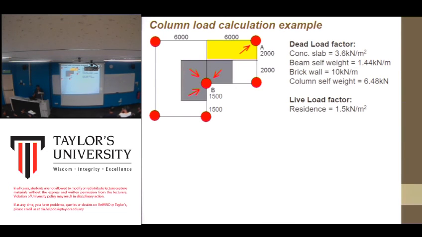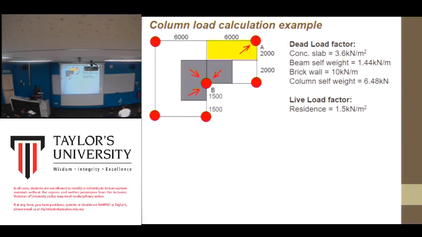Then after you determine the tributary area, this is what you need to do. Basically, similar to beam, you need to know the dead load, live load, ultimate load. First, you list down all the load within that area. This is just the factor.